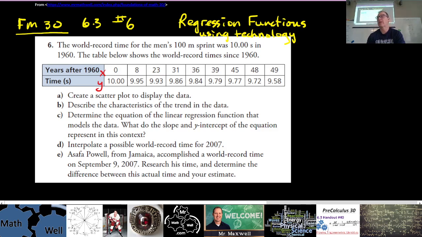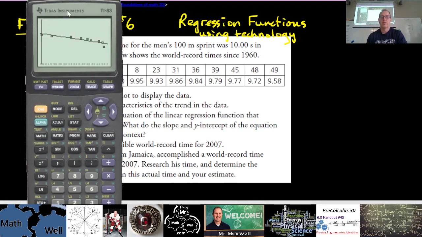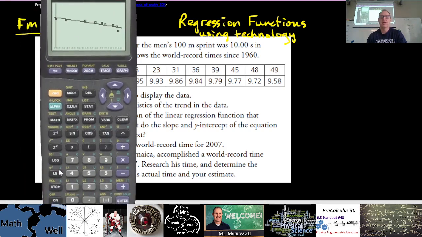So that will give us confidence to answer other questions like this. Interpolate means get data from the line of best fit inside of the data points that are graphed. So interpolate a possible world record time for 2007. So 2007 would be 47 here. What you do is go to second function, trace, which is the calculate menu.